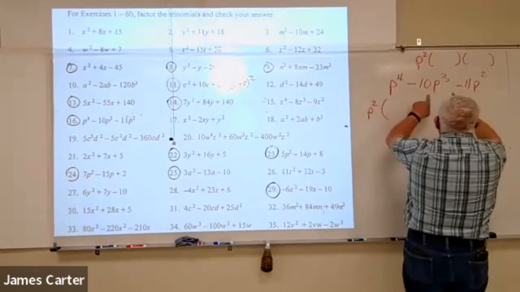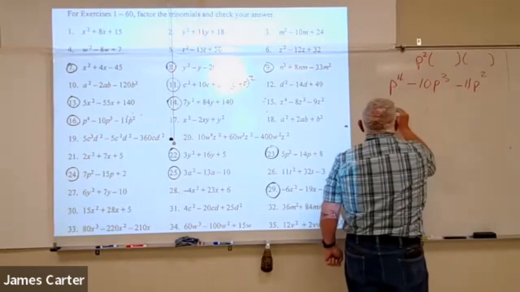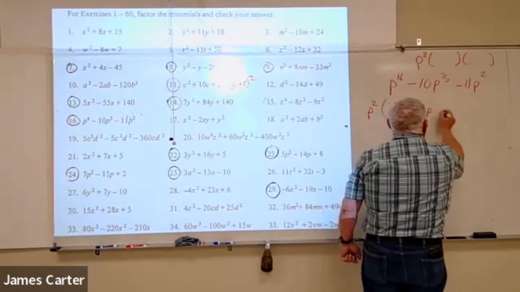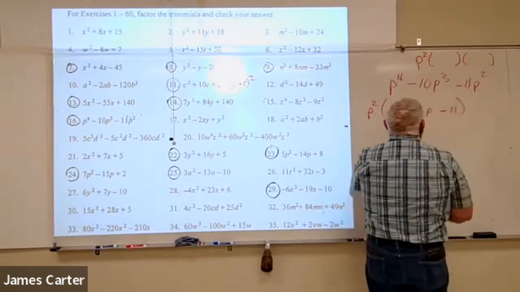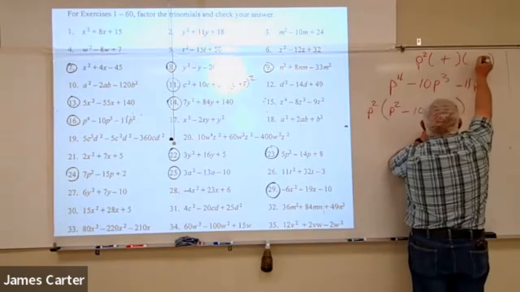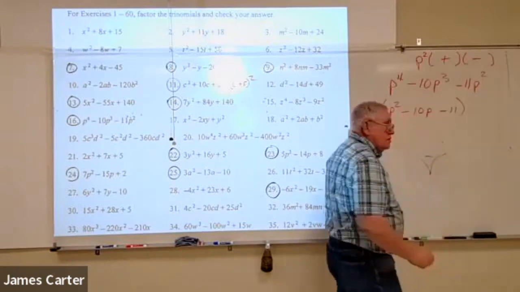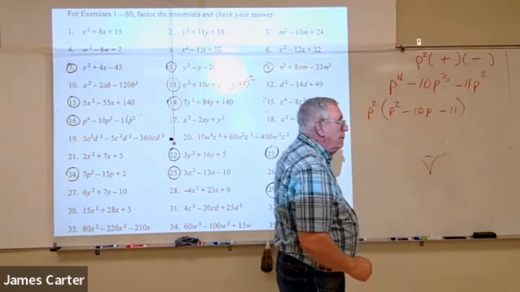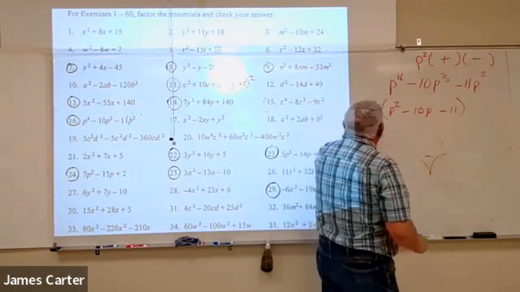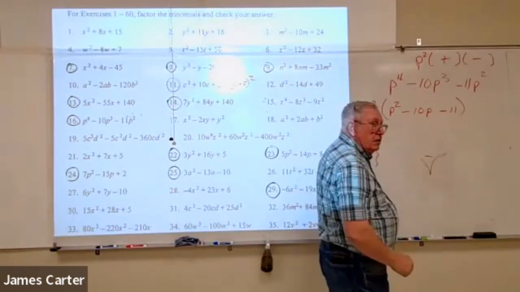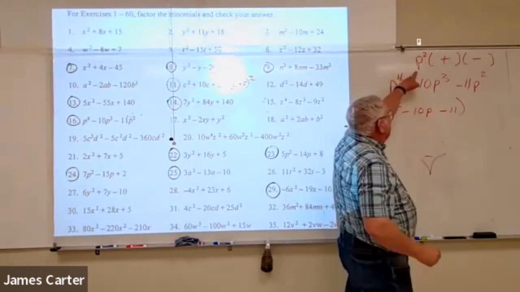And after I take this out, I've got p to the second minus 10p minus 11. Rule of signs says I'm going to have different signs, so down here, I'm going to have to subtract. Now, I'm just going to bring this thing down to my final answer.